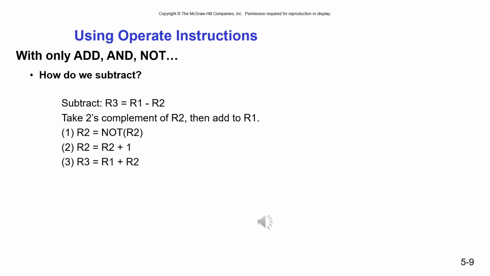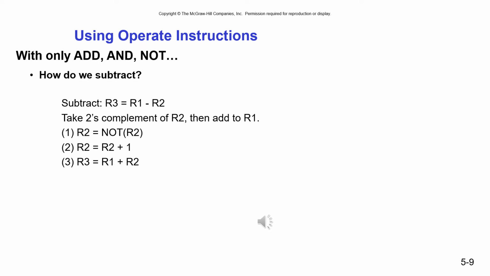So let's get started. How do we subtract when we don't have a subtract instruction? We only have add and not. So if we want to subtract the contents of register 2 from the contents of register 1 and store it in R3, we simply take the 2's complement of R2, and then add R1.